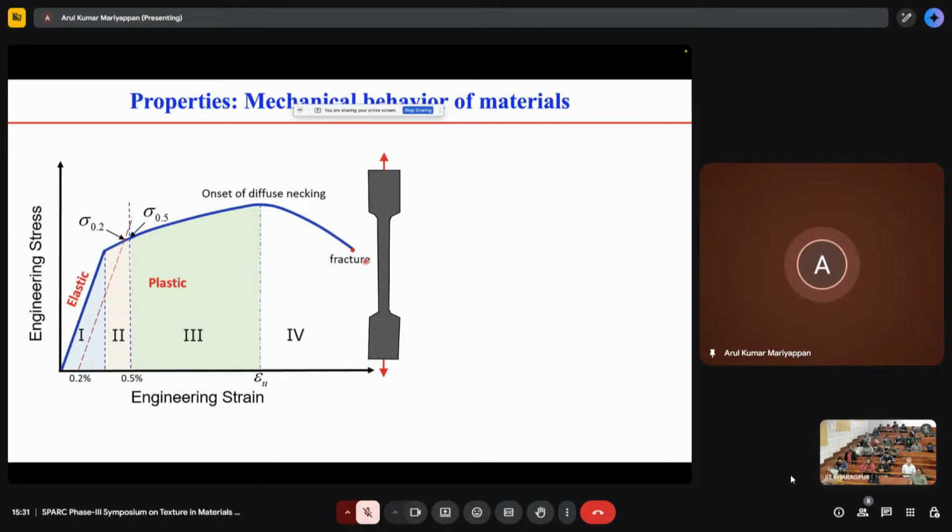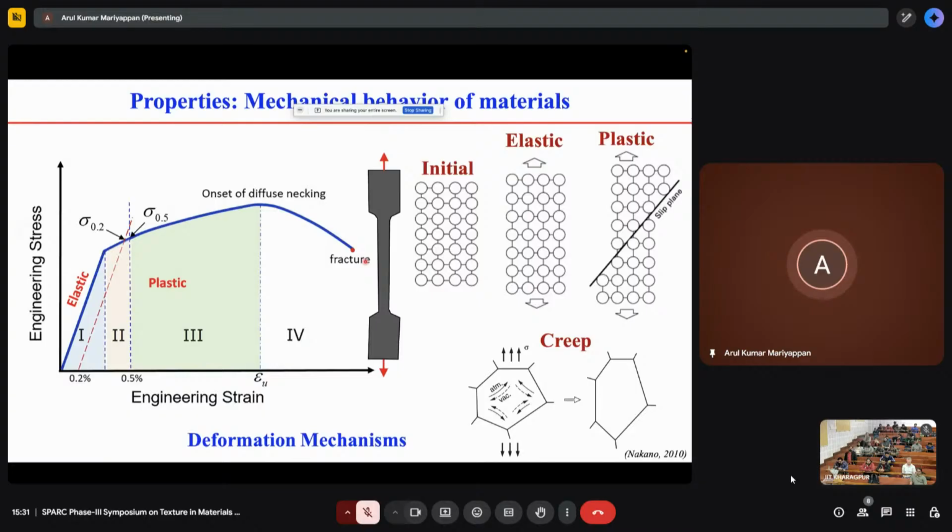It may look like a simple continuum scale stress-strain curve, but in reality, inside the material various deformation mechanisms are activating, starting from elastic deformation, followed by plastic deformation. The plastic deformation can come from glide mechanisms, twinning mechanisms, or phase transformations and so on. And if you have higher temperatures or irradiation, we may also have creep.